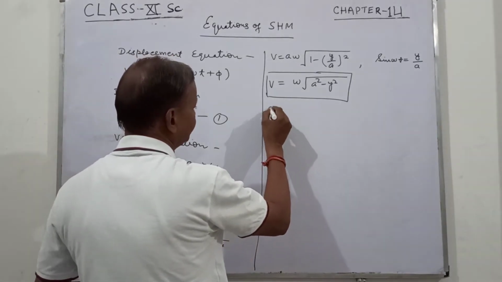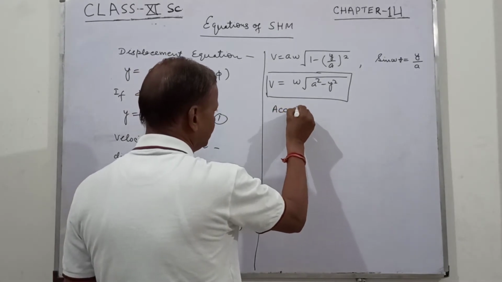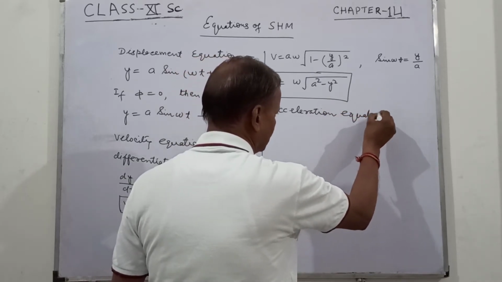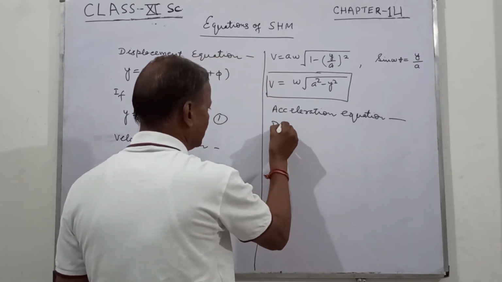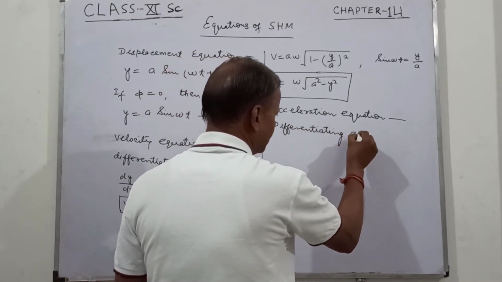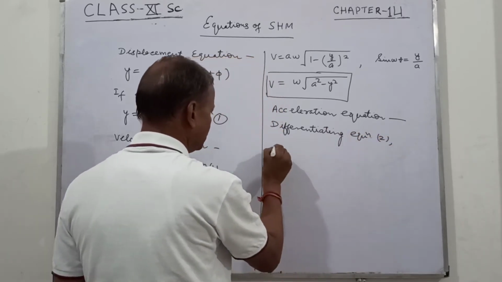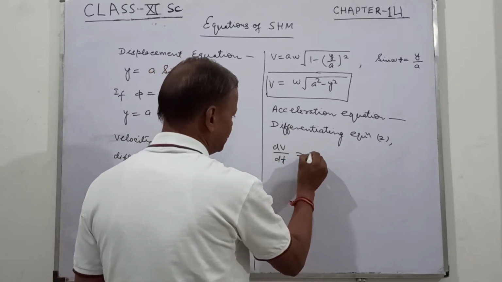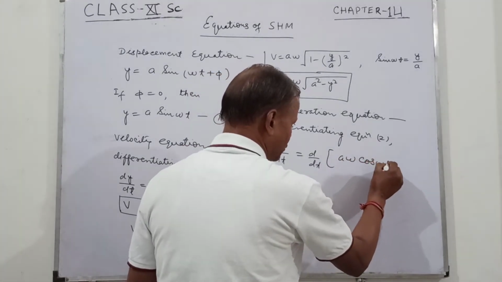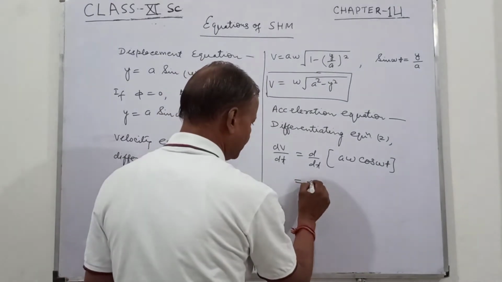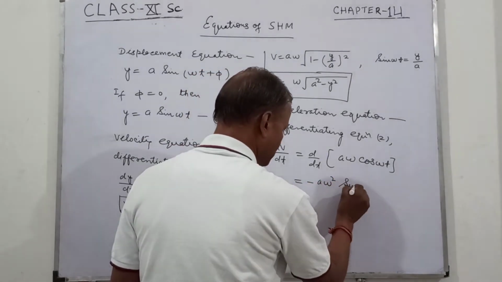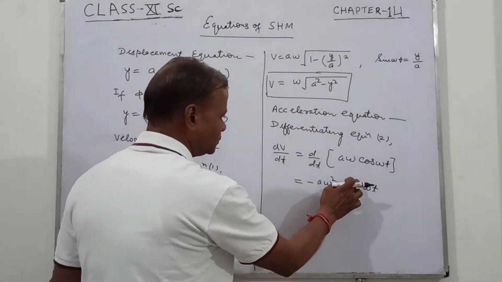Now the acceleration equation. Differentiating equation 2, dv upon dt is equal to d upon dt into a omega cos omega t, and this is equal to minus a omega square sin omega t.